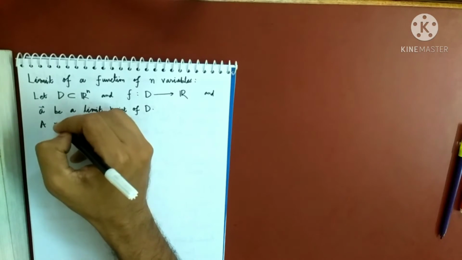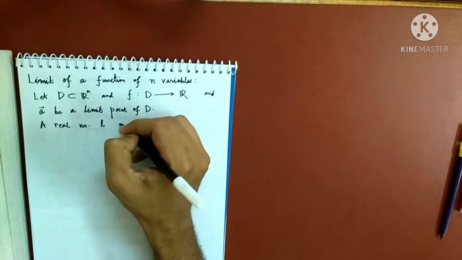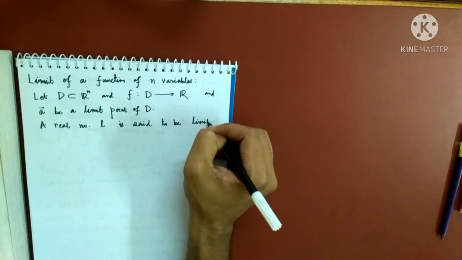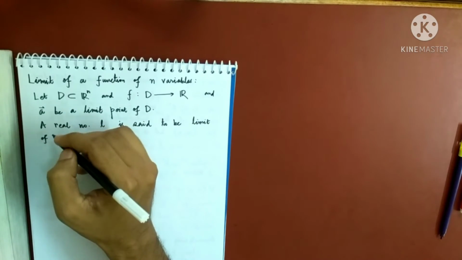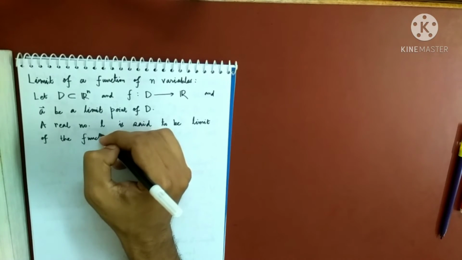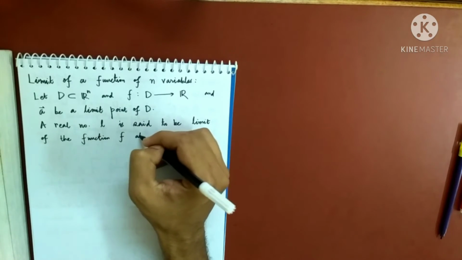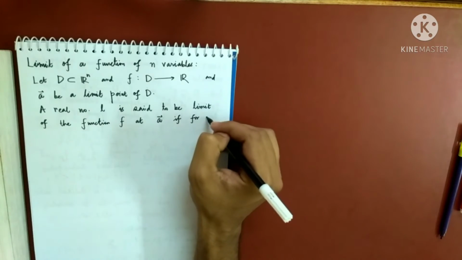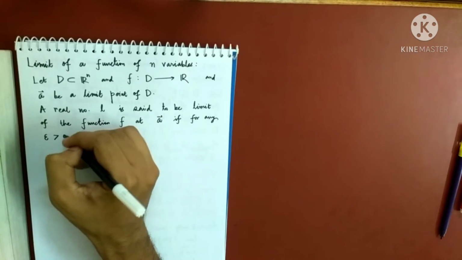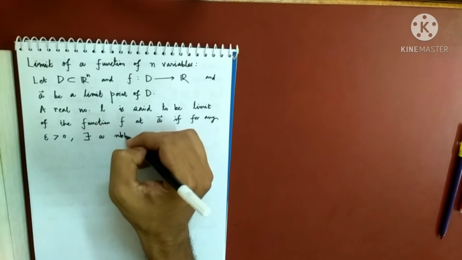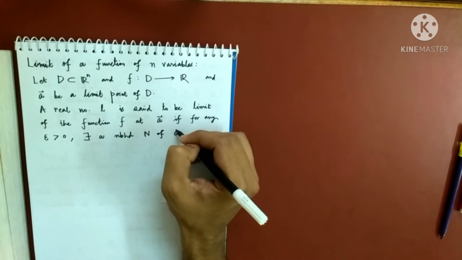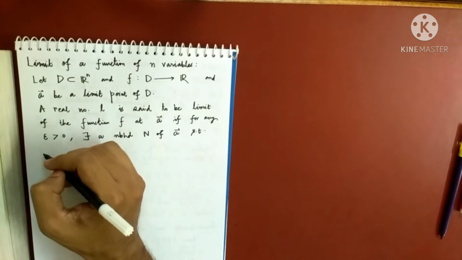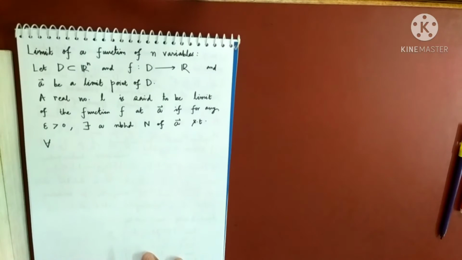A real number L is said to be the limit of the function f at A if for any epsilon greater than 0 there exists a neighborhood N of the vector A such that, exactly the same thing I'm writing, for all x, there I had written for all x comma y.